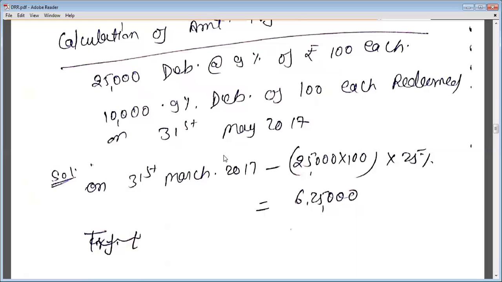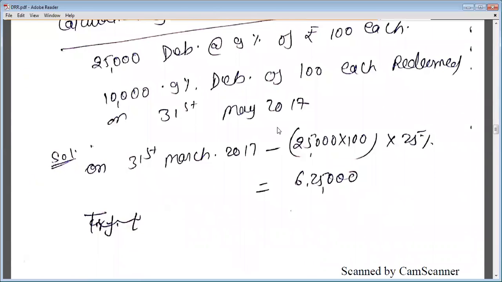So at the end of the previous year, that means in 16-17, up to 31st March 2017, we have to create a DRR that is 25% of outstanding debentures. So outstanding debentures is 25,000 multiplied by 100, 25% of this is 6,25,000. Now we are going to redeem.